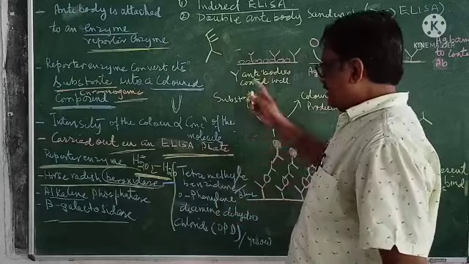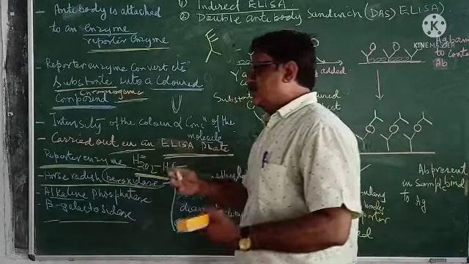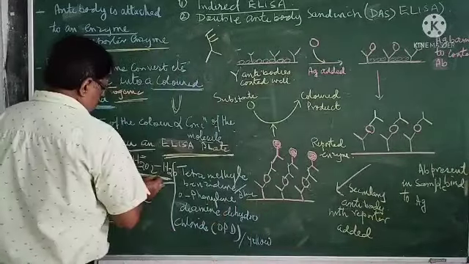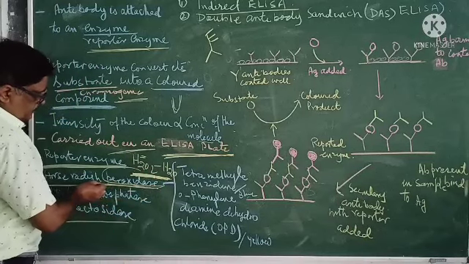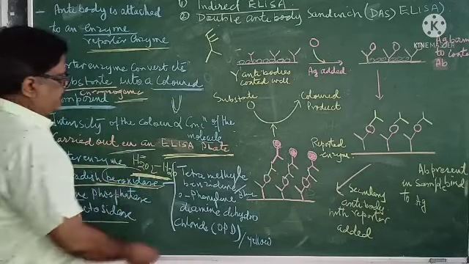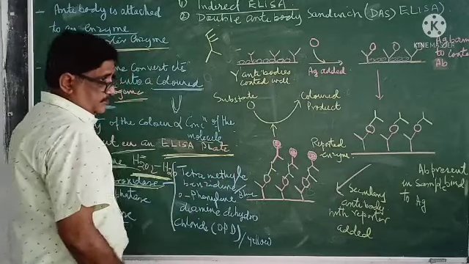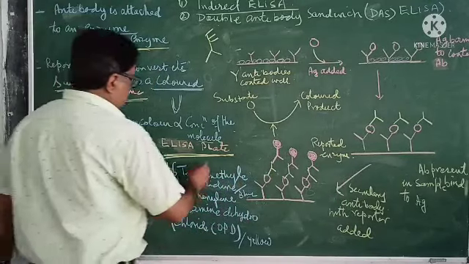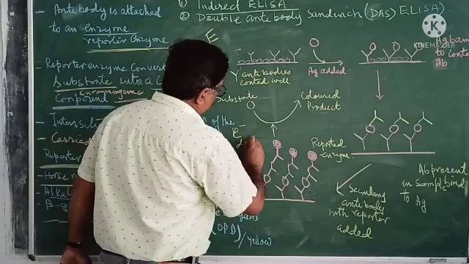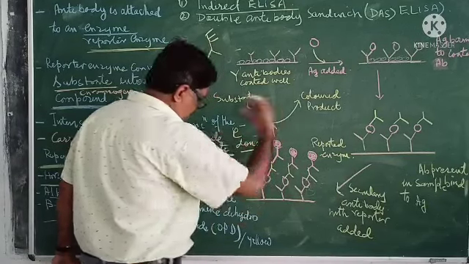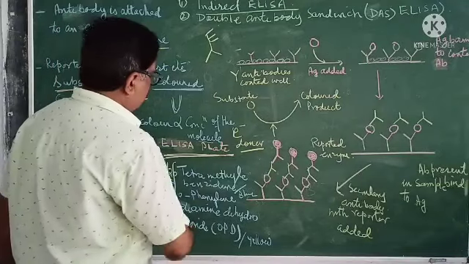So in the case of peroxidase the substrate is H2O2, but one more compound is needed. That compound is the electron donor, which donates the electron and gets itself oxidized to form a colored compound.